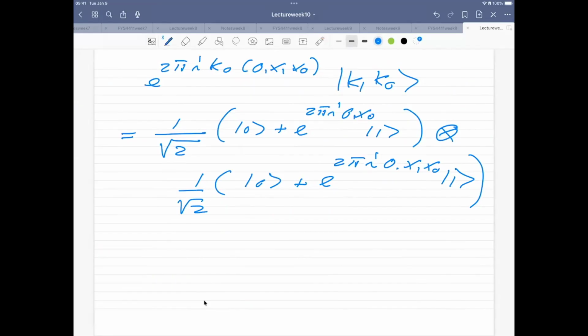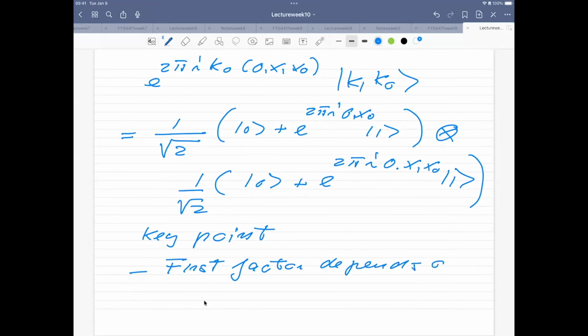But this is the state which we then can generalize to a many-qubit state. And what we have found here is, key point: the first factor depends only on X0, which is the least important.